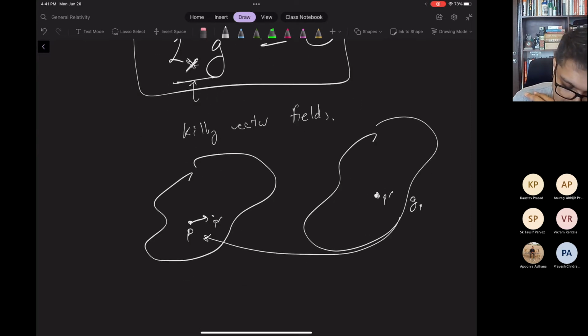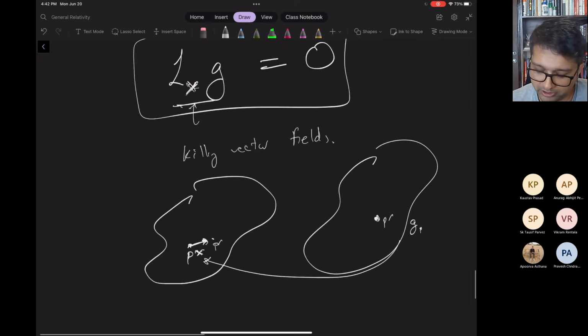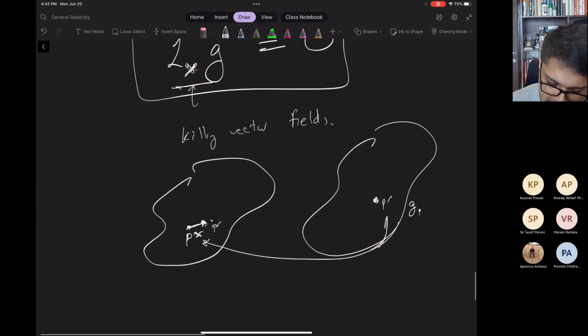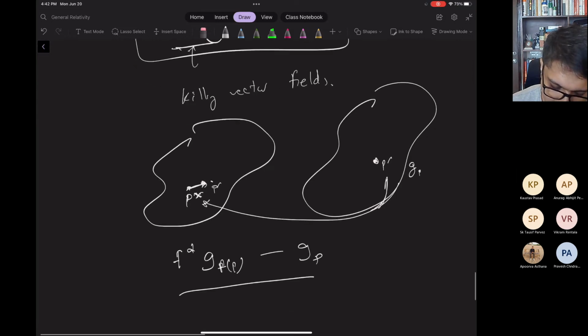So that is the Lie derivative, where this X is the direction in which I am causing a displacement, or generating my flow. So when I compare the pullback of G, so G of f(p) pulled back, minus the original G, divided by epsilon, where epsilon is the amount that we flowed, in the limit epsilon tending to 0, this is the Lie derivative of G.